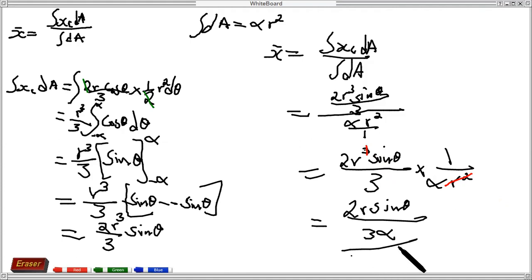So this should be your answer now, your centroid. Let's see what they got. They got 2r sin angle over 3 alpha. Let's see what they got here. You see? So it's the same.